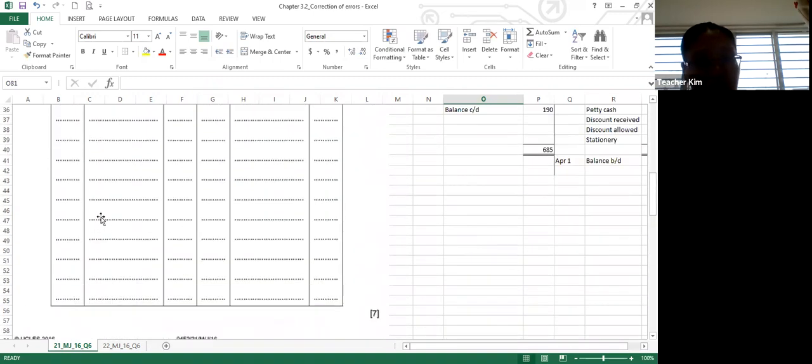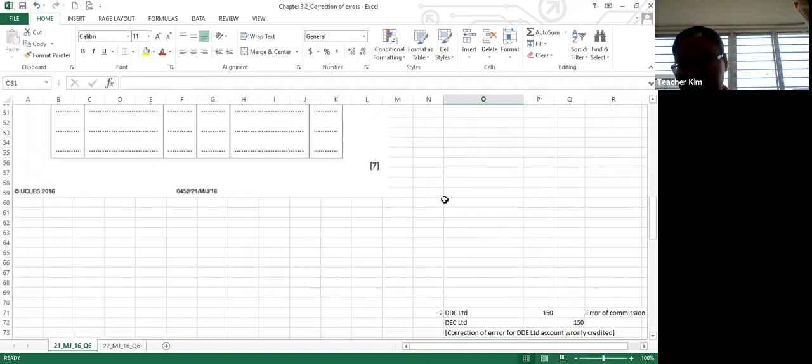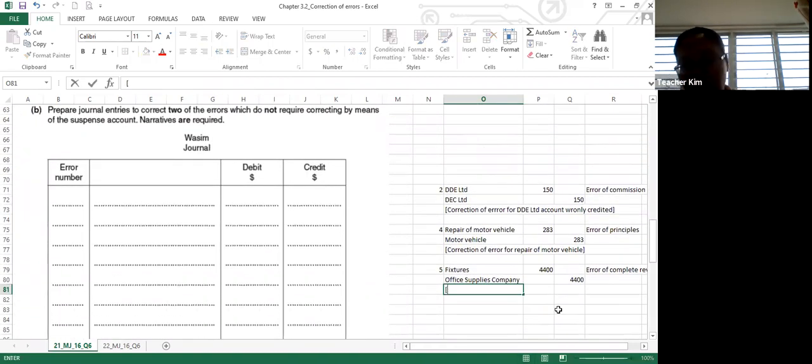Number 5, purchase of furniture. Here we put correction of error for purchase of furniture wrongly credited.